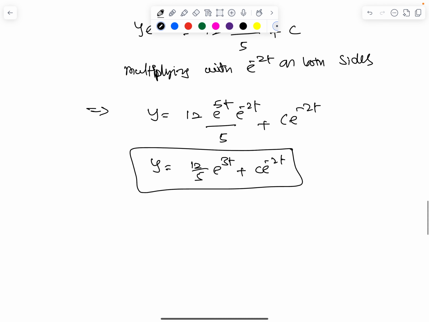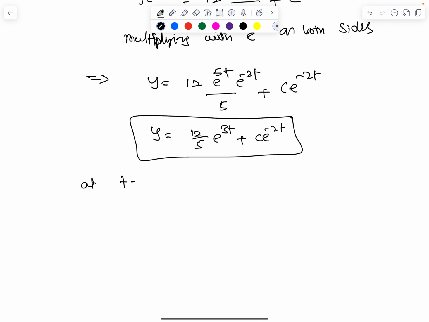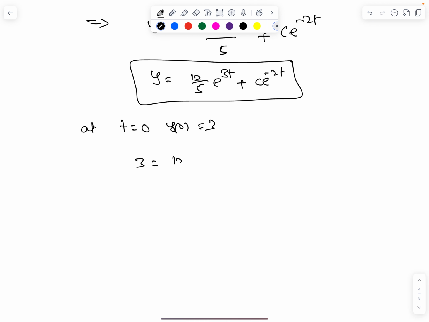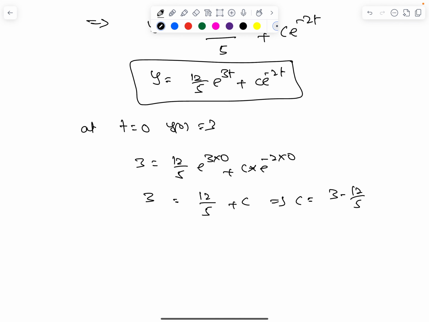Now apply the initial condition, that is at t equal to 0, y is 3. Therefore, 3 is equal to 12 by 5 e power 3 into 0 plus c into e power minus 2 into 0. So, 3 is equal to 12 by 5 plus c, which implies c is equal to 3 minus 12 by 5, which is equal to 3 by 5. Therefore, y is equal to 12 by 5 e power 3t plus 3 by 5 e power minus 2t.